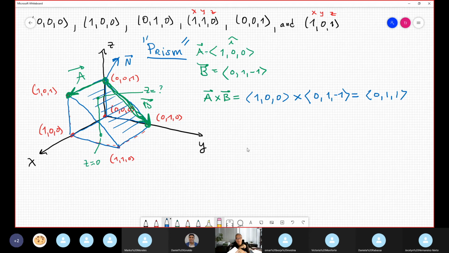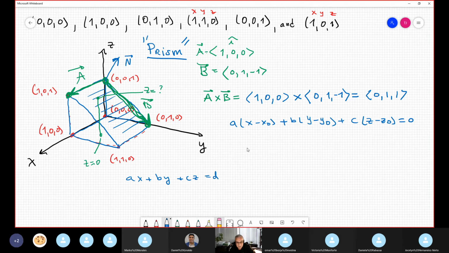And this is used in the equation of the plane. I know that the equation for the plane is a(x minus x null) plus b(y minus y null) plus c(z minus z null) equals 0, no? It's another possibility, no? We have another equation, ax plus by plus cz equals d, no?